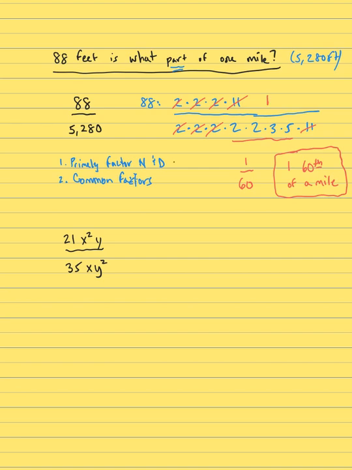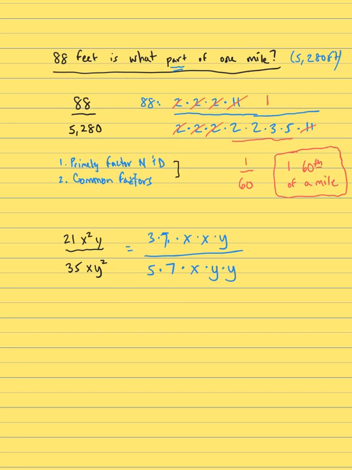Okay, well, our same two steps are going to apply, right? So for the numerator, 21 is 3 times 7, so 3 times 7 times x times y. Okay, 35 is 5 times 7 times x times y.